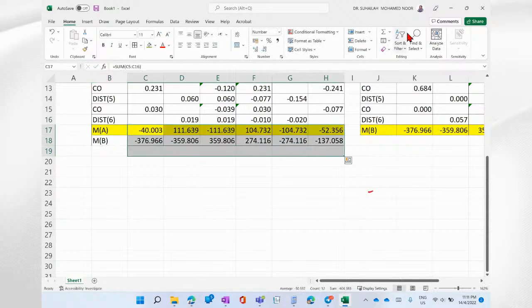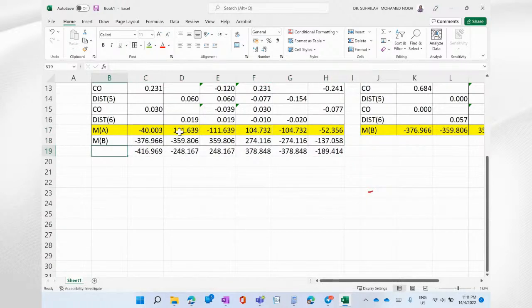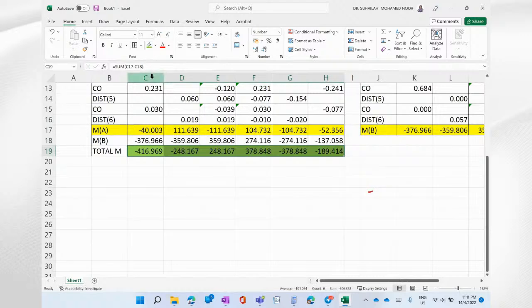So the answer, total M, is the green one.